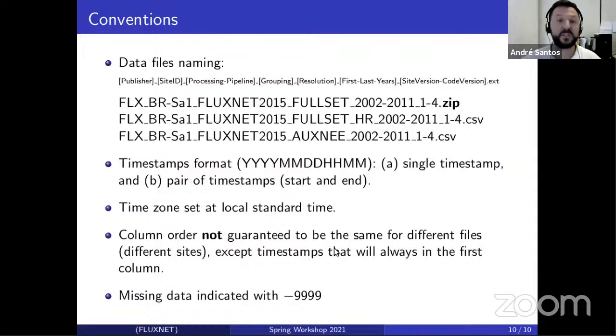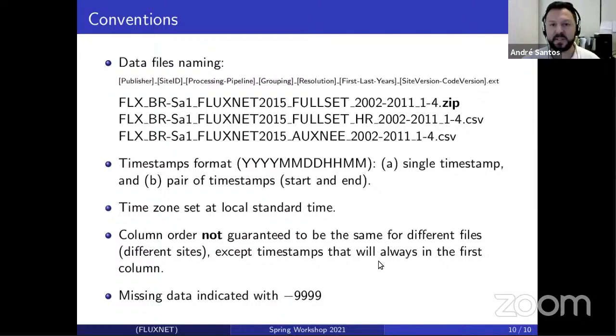So when you do a synthesis, you need to take care of the column order, because for those who use Fortran and C++, when you have a data file, we need to count the columns. If you are going to use column 4, you need to count. And sometimes when you have a file with 50 columns, it's quite difficult to count the columns.